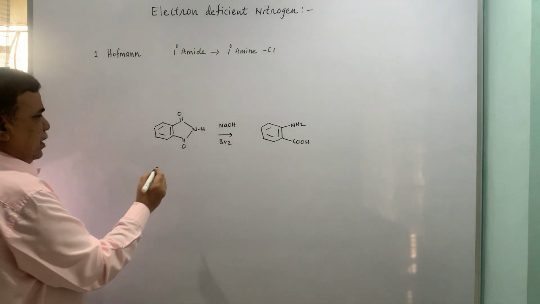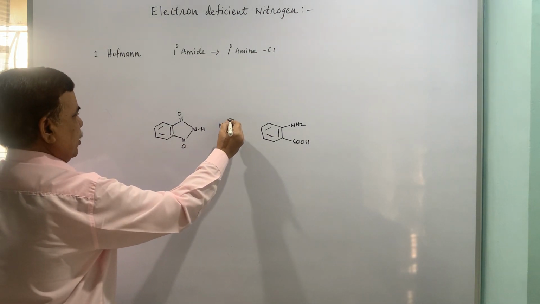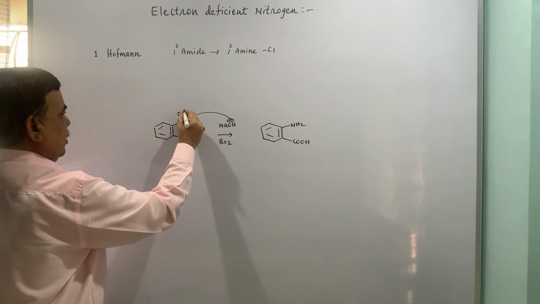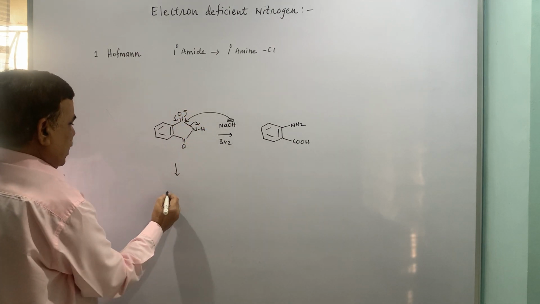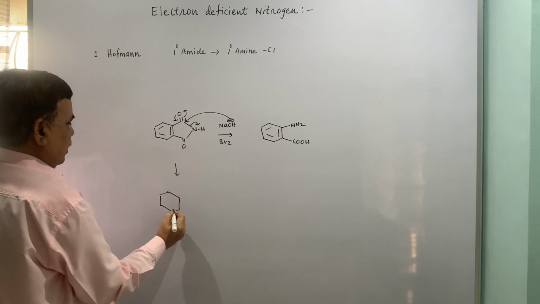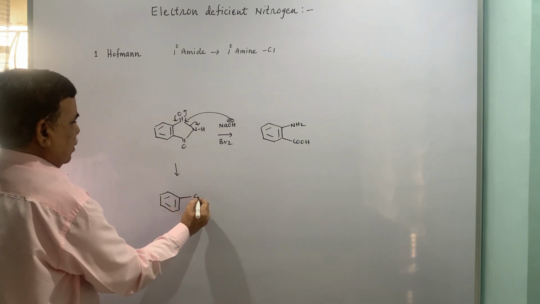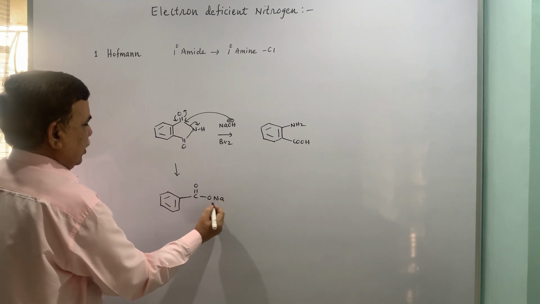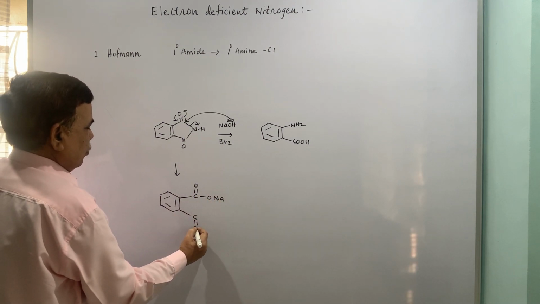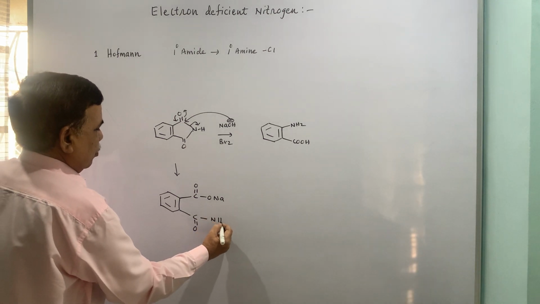So the first step is the attack of OH at this carbon, and what you have is COONa, let me put it as ONa, and then this becomes CONH2.